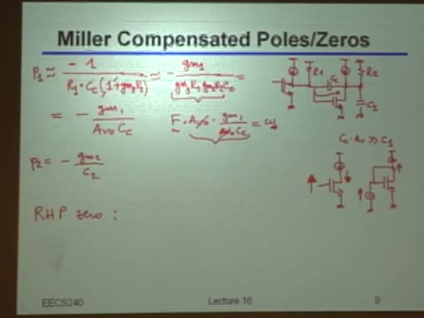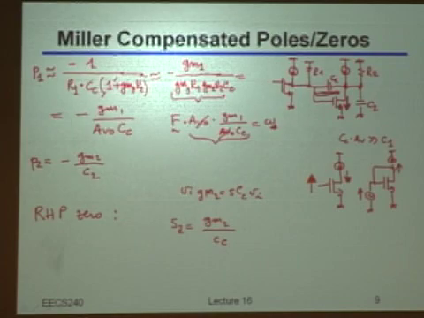The easy way to see that, you ground the output, and then you want all the current that flows into the capacitance to be the one provided by the GM. So you end up with V1 GM2 equal to S CC VI, and so finally you get S0 as being GM2 over CC. So this is the expression of the zero.